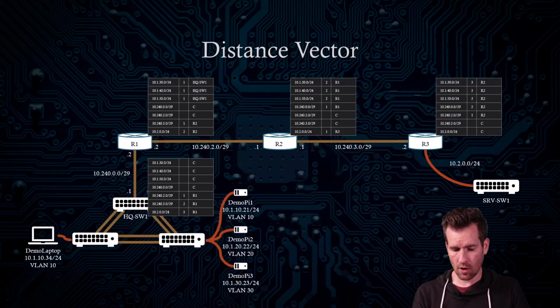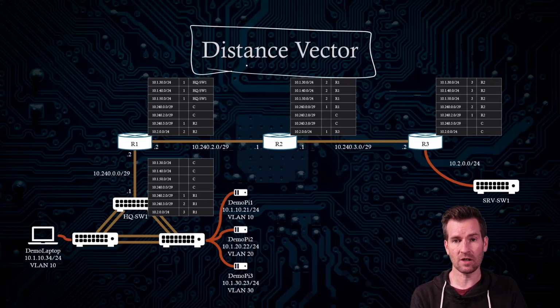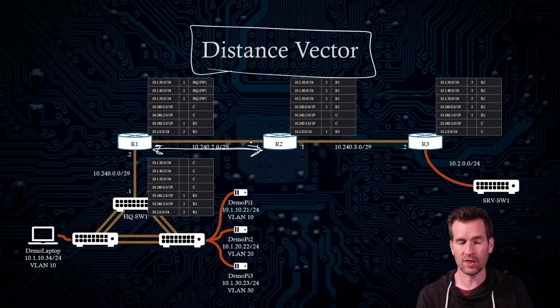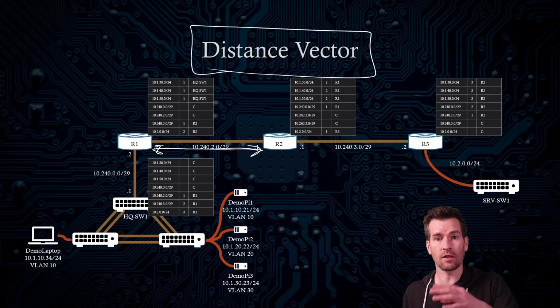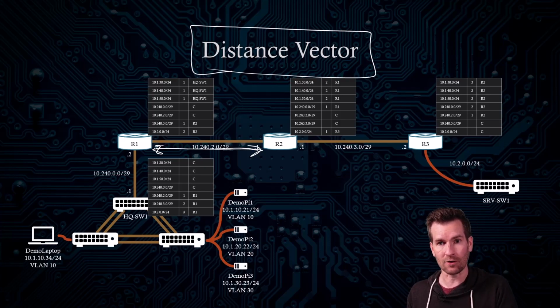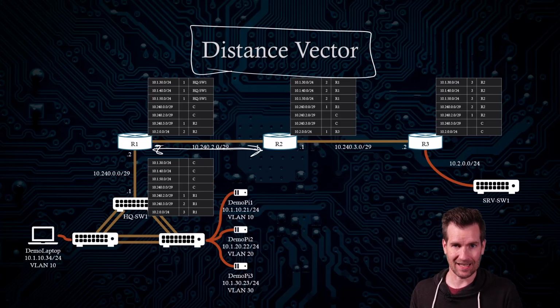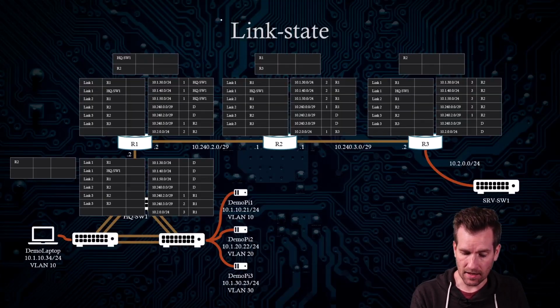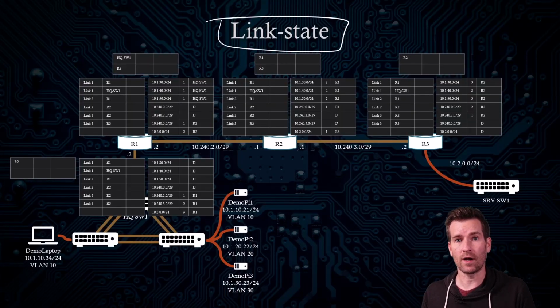In a prior video, we talked about distance vector and how RIP sends the whole routing table back and forth, and that's how all of the route information gets from router to router. Well, as you know, link state works a little differently. Link state is a little more complex in how it operates.